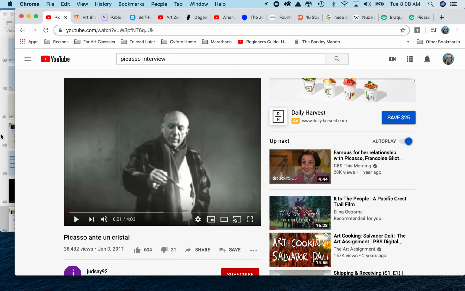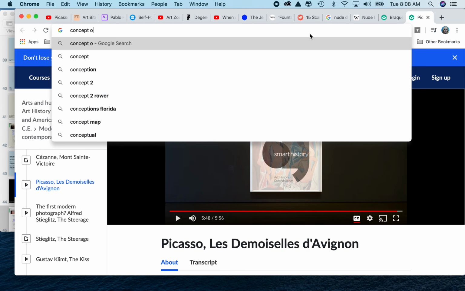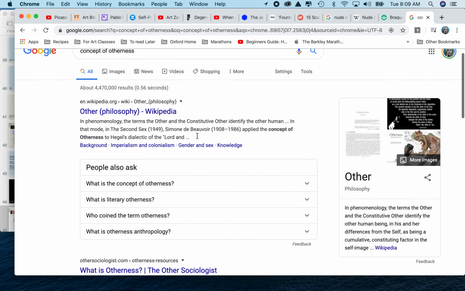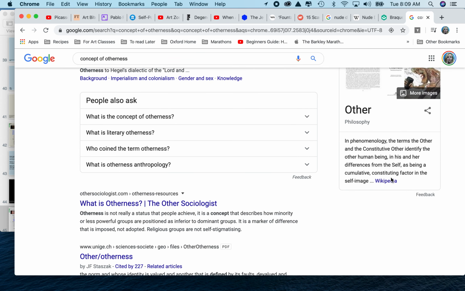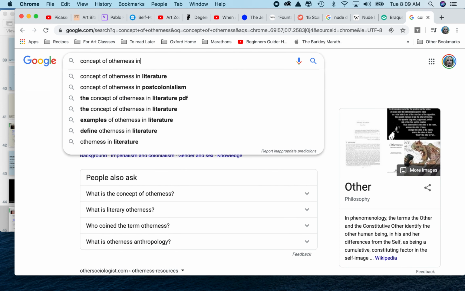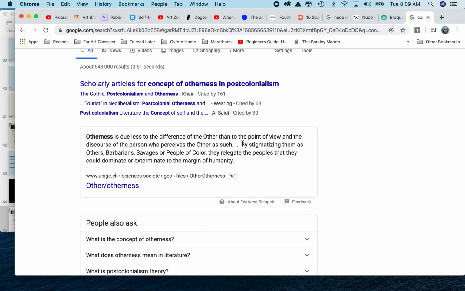And when they talk about the word otherness, what they mean is the concept of otherness is basically anything that identifies a person or a human being that is different from your inner self. So it's a concept of otherness in post-colonialism, after colonialist times, is stigmatizing people as barbarians, savages, people of color, relegating people to something that you can be dominant over.